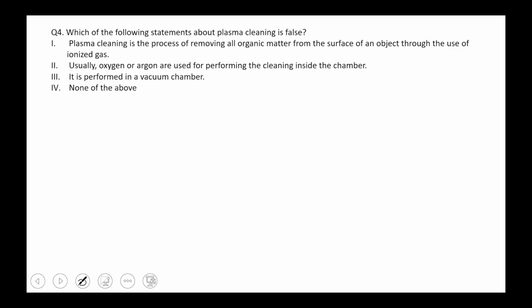Because we need a very low intensity of ions. If the intensity of the ions is high, it will damage the surface and react with the glass atoms also. See, like one ball is big, one ball is small.